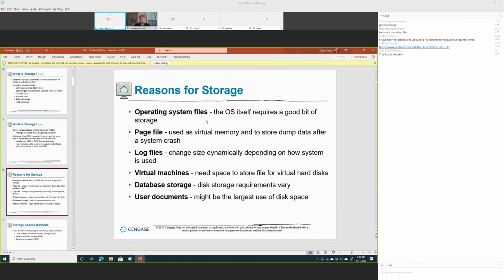Because where are you going to install the virtual machines? So you need some kind of space, and this is pre-planned, especially in the enterprise environment.